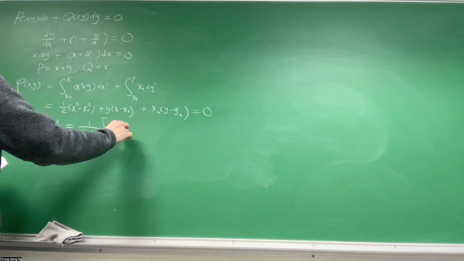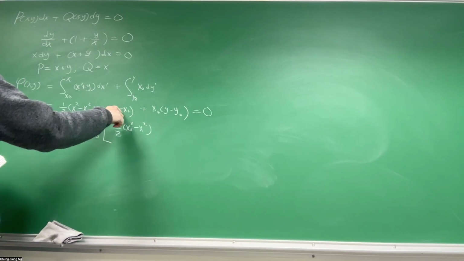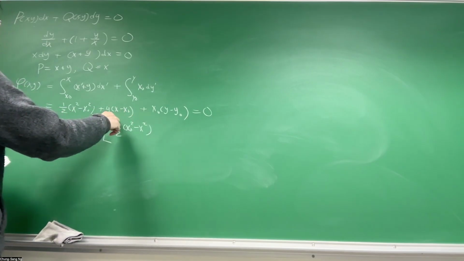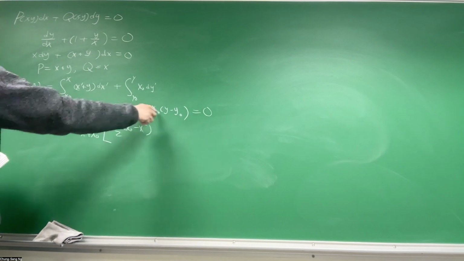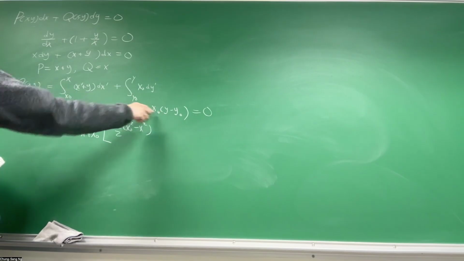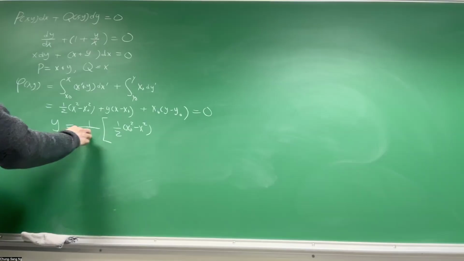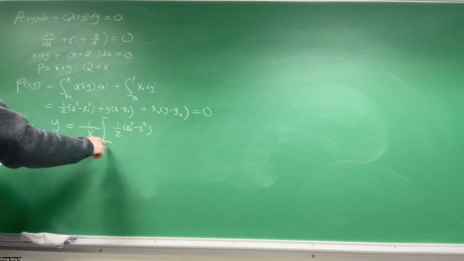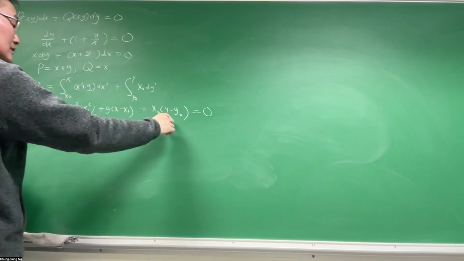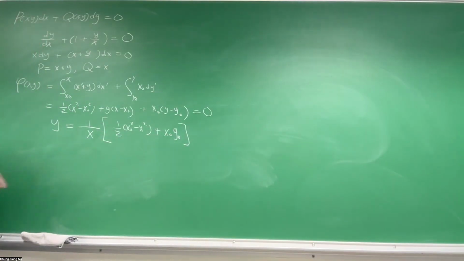We have one half x0 squared minus x squared. Where did I get it wrong? So y has 2 terms. Actually, this cancels, x sub 0, x sub 0, y. So it's just x. Y has 2 terms, this one and that one. Right. The other term is plus x0 y sub 0. Is that right? Did I get it right?